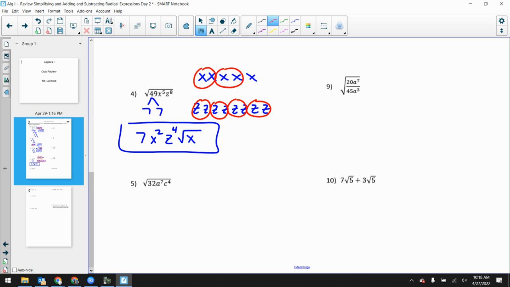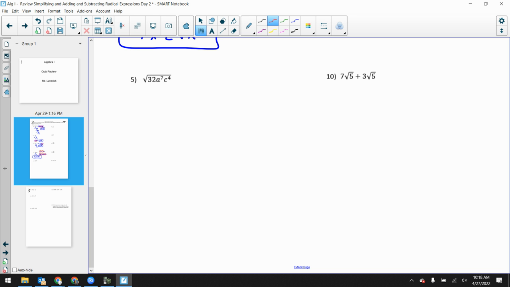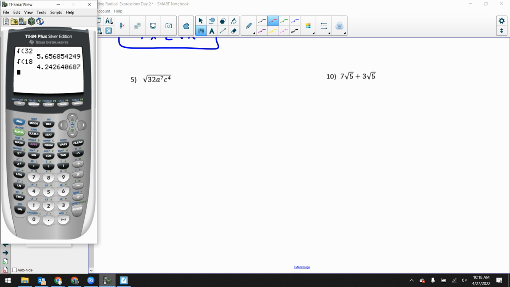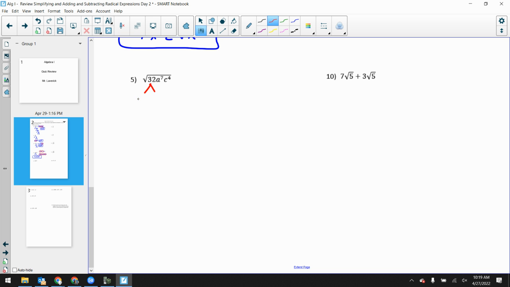Okay, let's take a look at 5. Same thing. Now, is 32 a perfect square? You may be tempted to think that that's 6, but that's not 6. If you're ever worried about whether it's a perfect square or not, you can always square root it in your calculator to see, oh, that's a decimal. That is not a perfect square. I need to do a factor tree. So let's break it down: 2 and 16, 2 and 8, 2 and 4, 2 and 2.